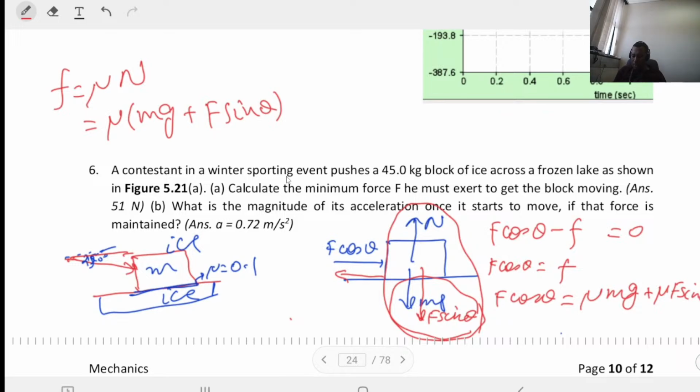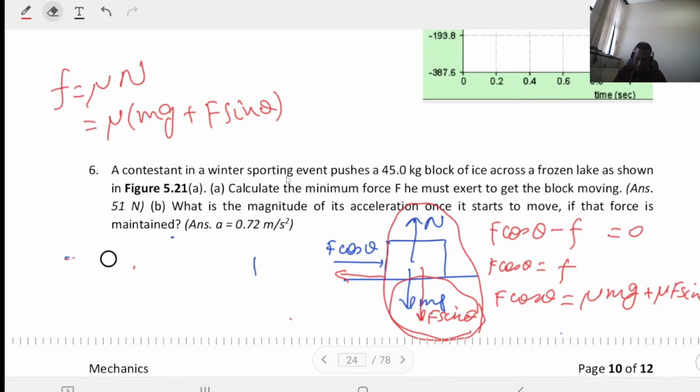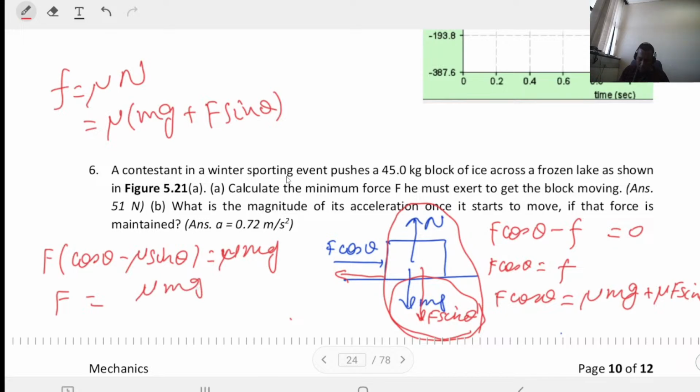Then F times (cos theta minus mu sine theta) must be equal to mu mg. This is what I derived last week also. The F must be equal to mu mg over (cos theta minus mu sine theta).